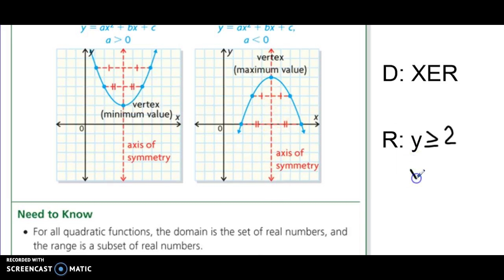So the range for the second picture would be y has to be less than or equal to 5. There we go. So that is our domain and range. Remember, domain is x's, range is y's.